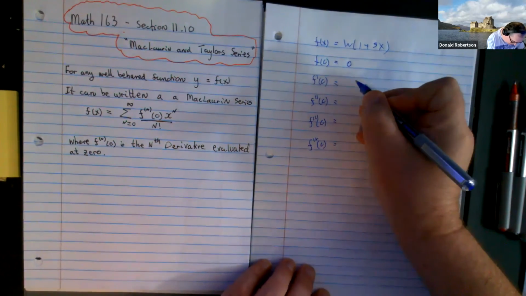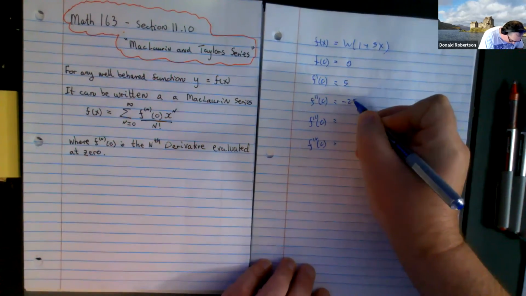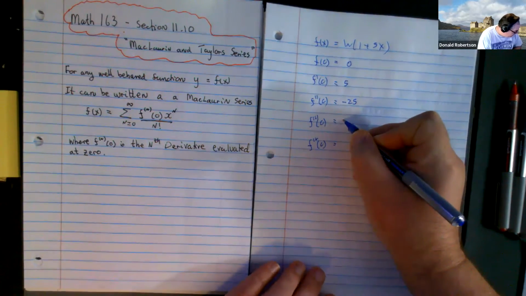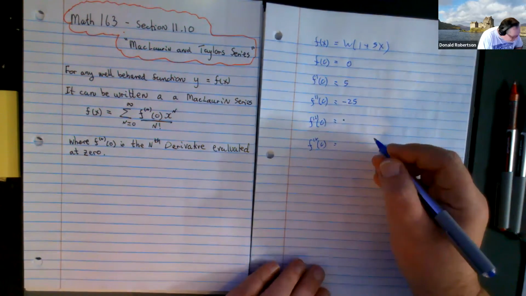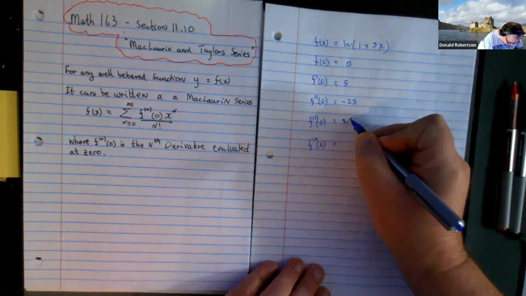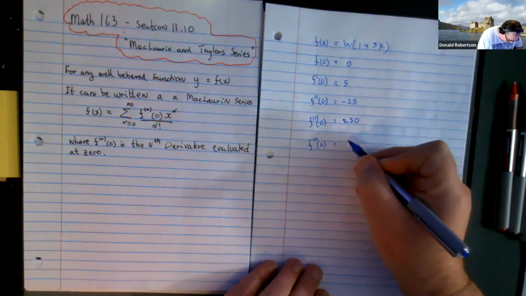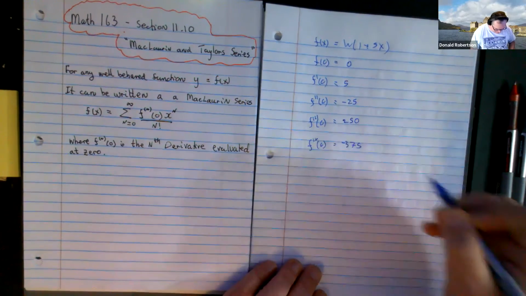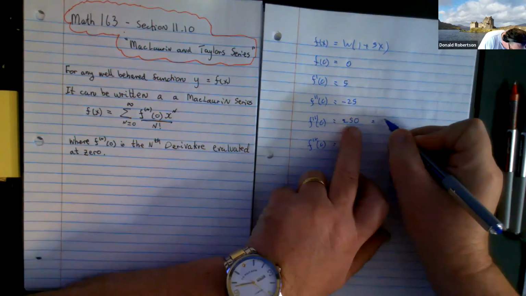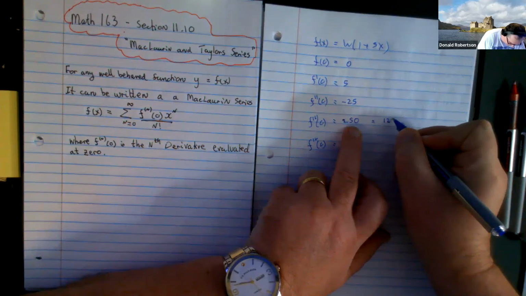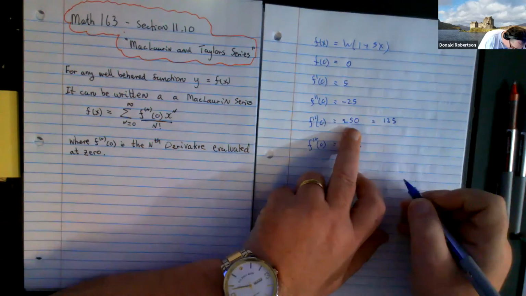0, 5, negative 25, 250, and finally, negative 3,750. Wow. Let me call this guy 125, which is 5 cubed times 2.